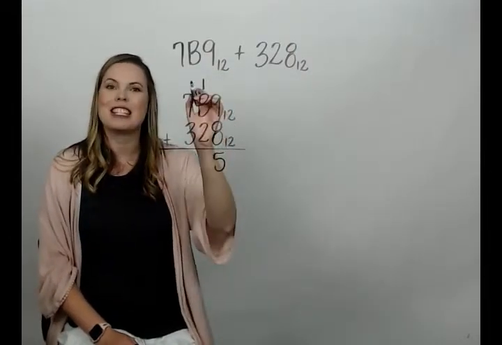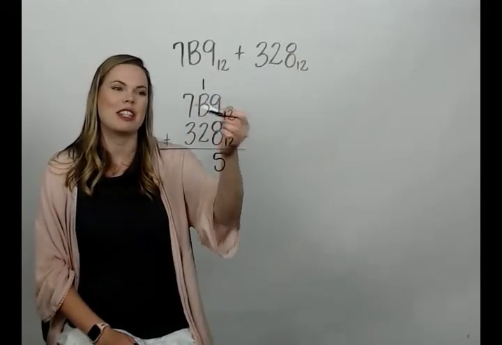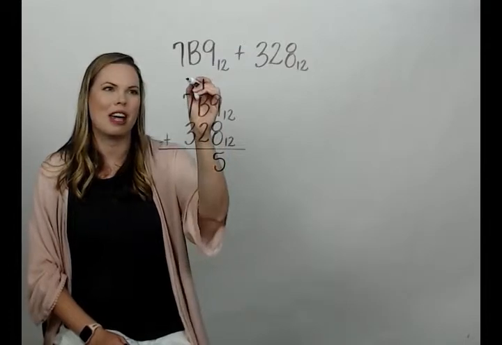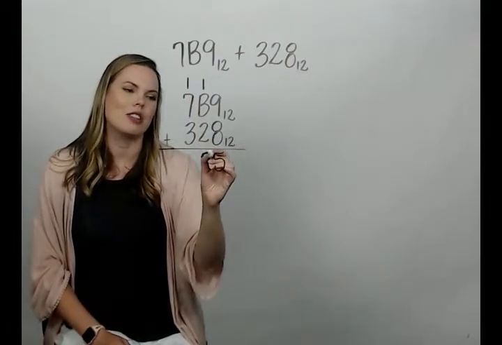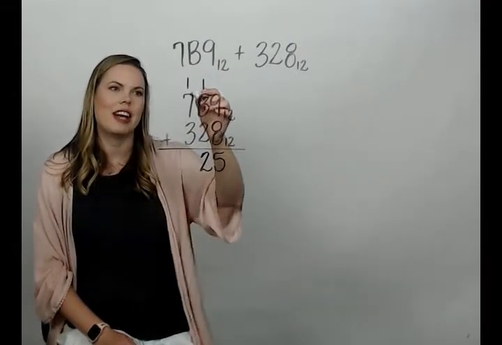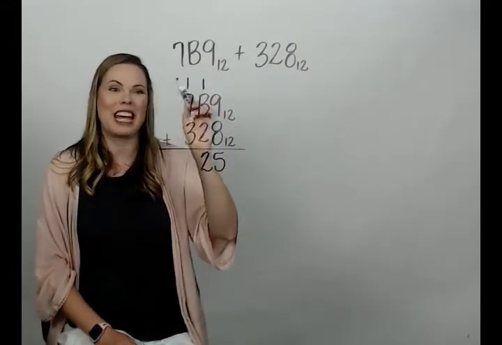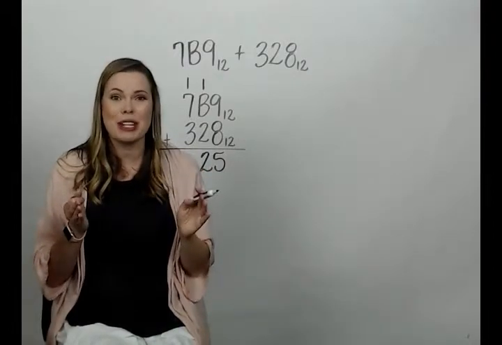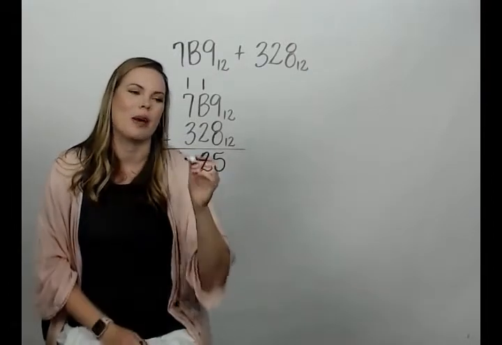Remember that B is 11, so we have 1 plus 11, which is 12, plus 2 is 14. We know we have 1 12 and 2 1s. Okay, and then 7 plus 1 is 8, plus 3 is 11. And remember that 11 is okay in base 12, and we use the letter B.